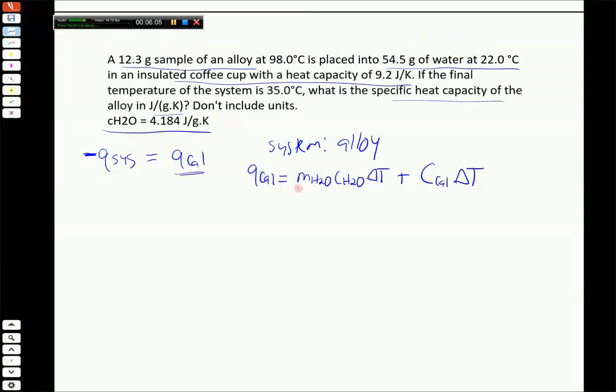And so this first term here is going to be the heat that's absorbed by the water in the calorimeter, and this term here is going to be the heat that's absorbed by the calorimeter itself, in this case the coffee cup.